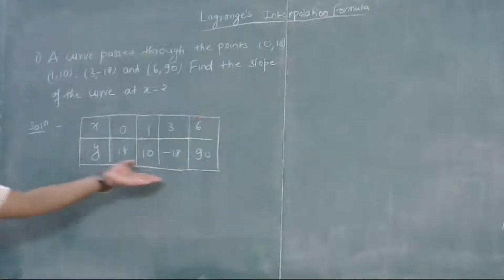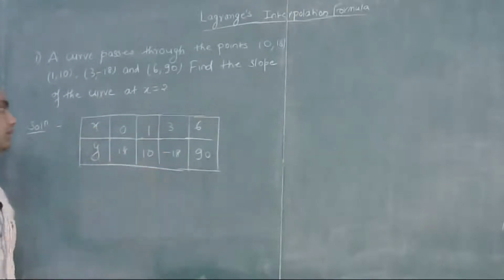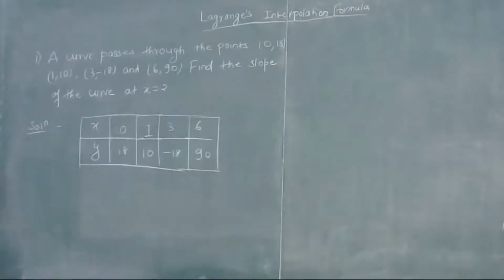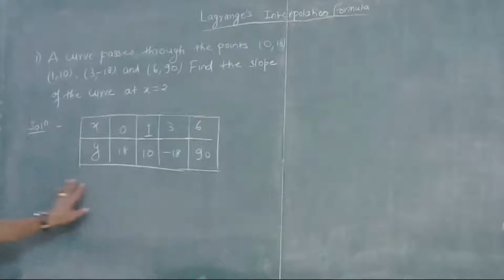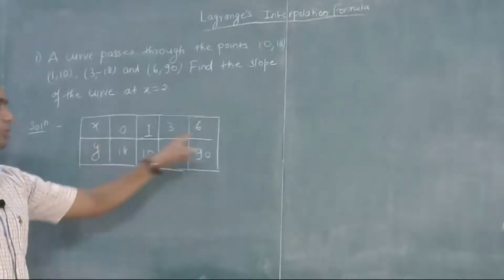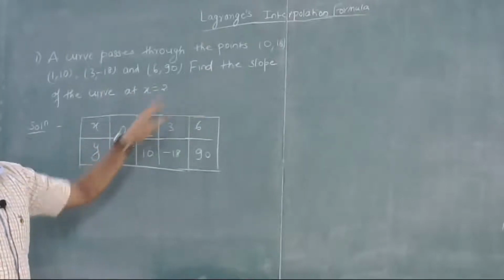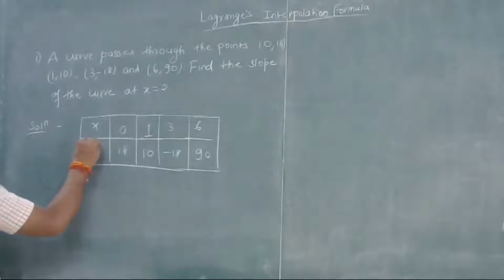From the table it is quite obvious that the values of x are unevenly distributed. So we will use Lagrange's interpolation formula to find the equation of y in terms of x, and then we put the value x equal to 2. Then we will get the slope of this curve.